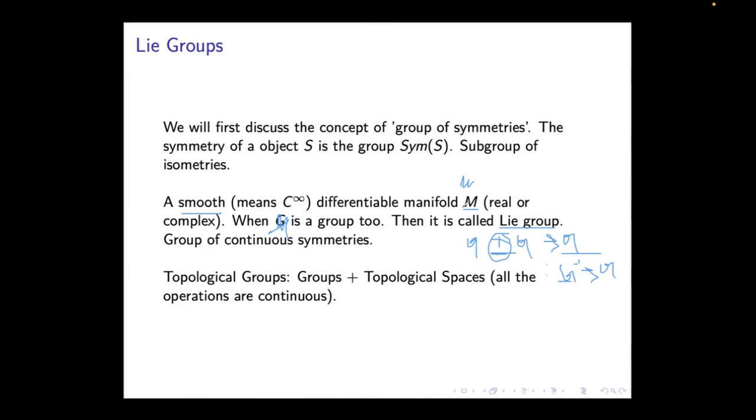A Lie group's representations are very important in physics, and the examples include SU2, SU3, SO3, and U1. U1 is basically the group of circle symmetries. So U1 is basically S1, a circle group. It contains the elements Z where the modulus of Z is 1.